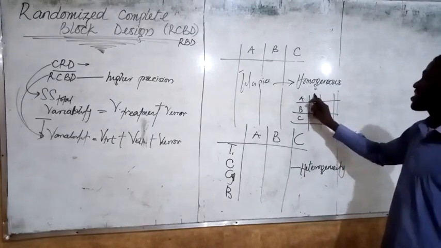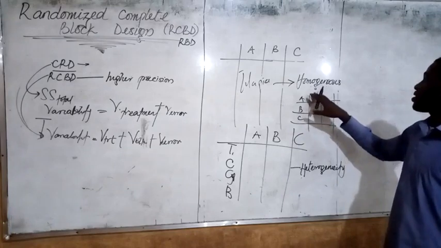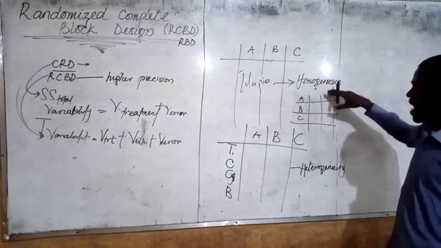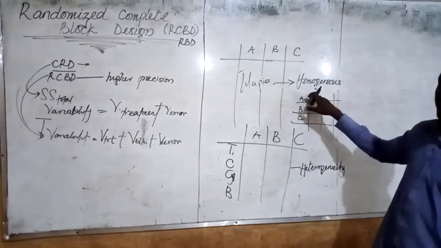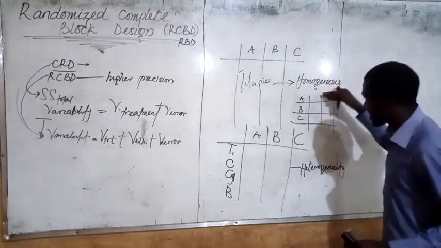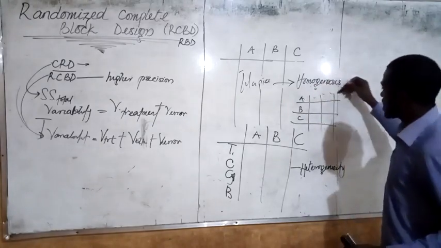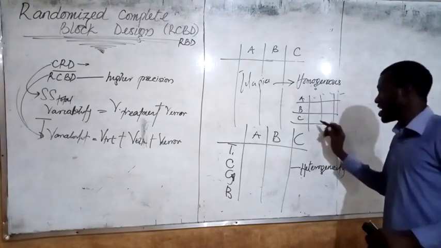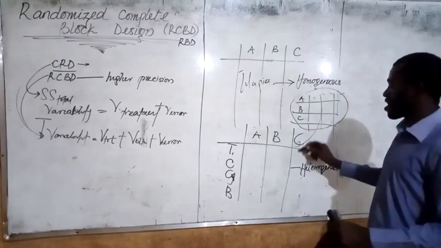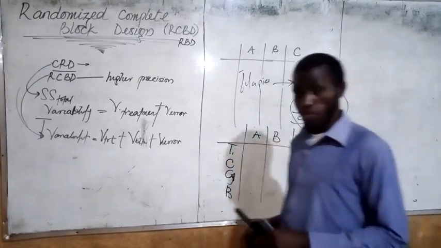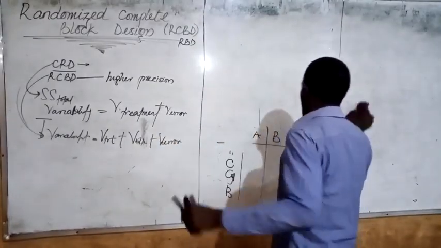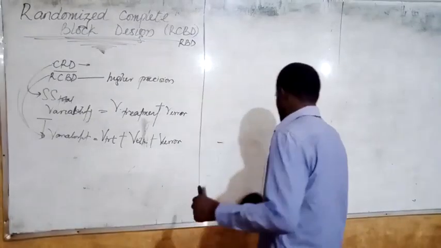But if you now see another kind of treatment or any other thing on top that is varied, then that thing is also a source of variation, and the design is no longer CRD, it will be RCBD. So that is how to differentiate between RCBD and CRD.